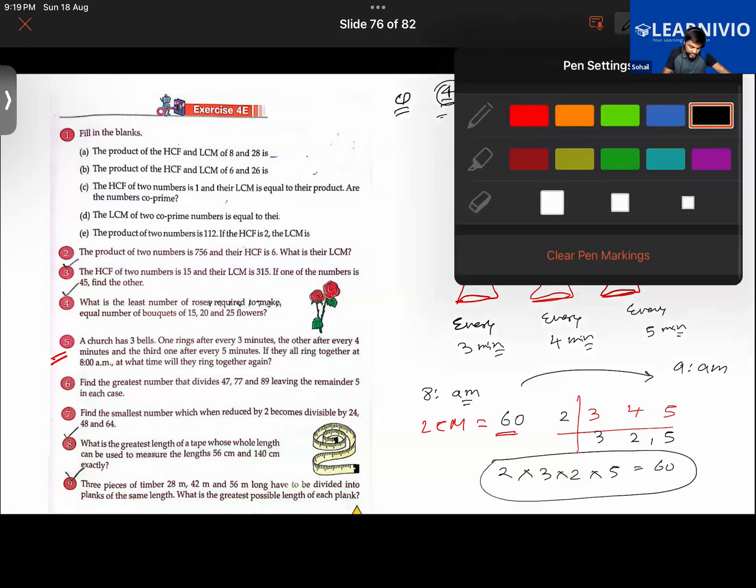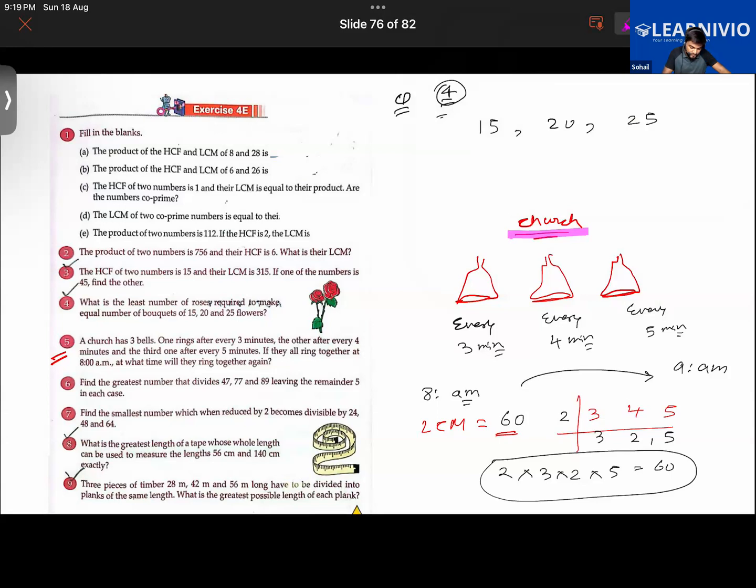I think you are not getting it. See what the question says: there are 3 bells in a church. Yes, Abhi? What were you saying moments ago? Nothing. So there are 3 bells in a church. One of them rings every 3 minutes, another every 4 minutes, another every 5 minutes.